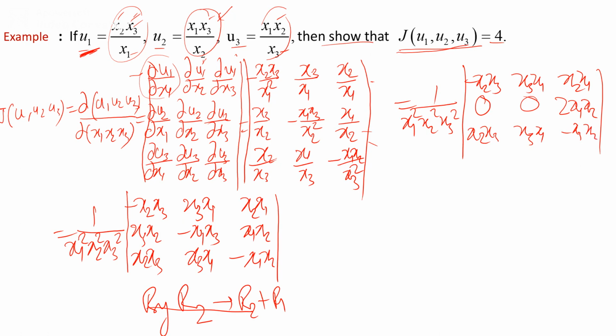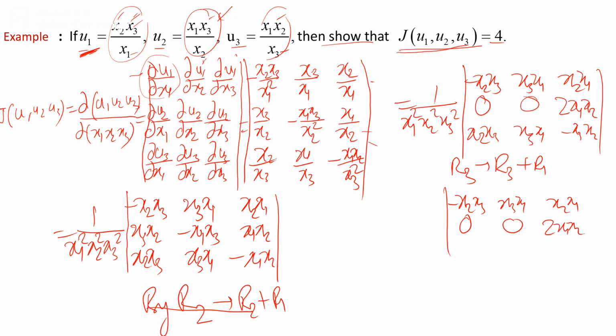Now apply the operation on the third row, r3. We can also apply r3 plus r1. So we get x2 x3, x3 x1, x2 x1, 0, 0, x1 x2 becomes 0, and this becomes 2 times x1 x3, and this becomes 0.